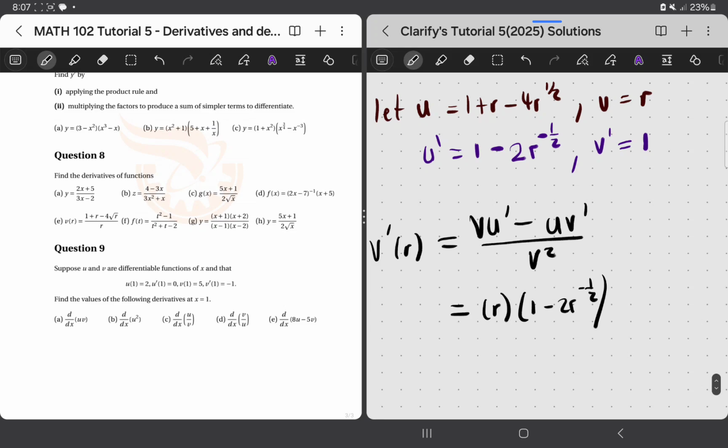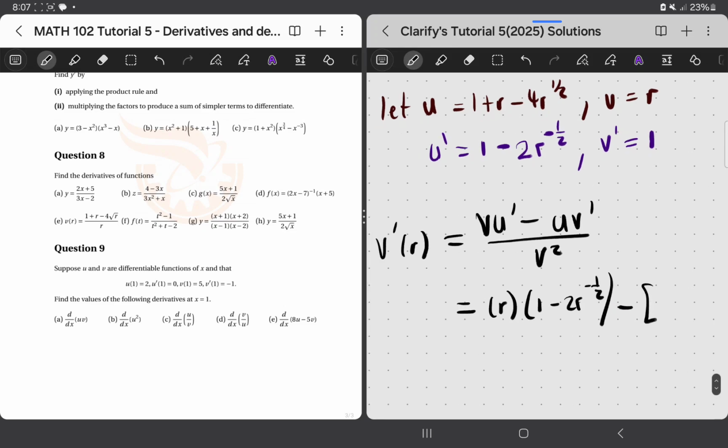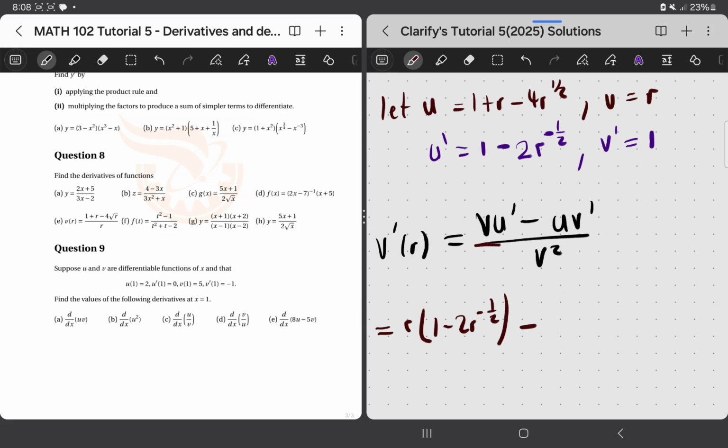So I'm going to rewrite it: R, the low, multiplying the derivative of the top, which is U prime, 1 minus 2R to the negative half, minus high, I put a big bracket now, high, 1 plus R minus 4R to the half, multiplying the derivative of the bottom, d low, which is just a 1. And it's all over the square of the bottom, which is R squared.